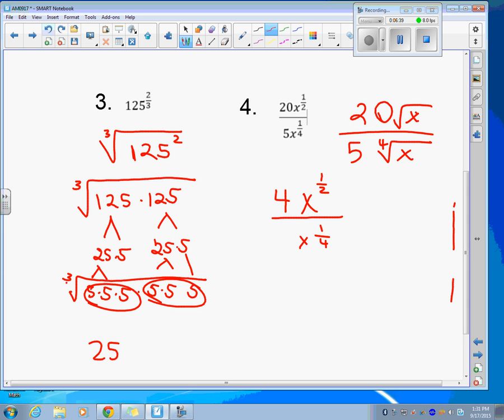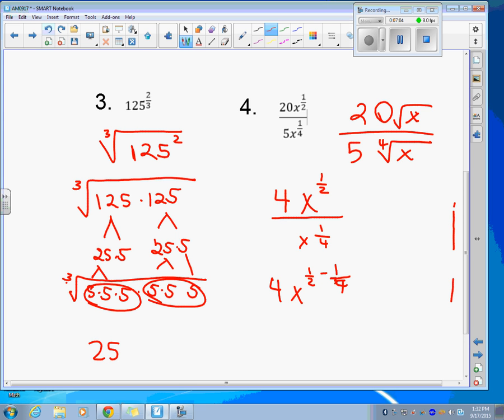So this really means 4x to the 1/2 minus 1/4. It's the same laws of exponents that we were using in the other section. Now they're just fractions. When you divide the same base, that means subtract the exponents. The only difference is now we have to find a common denominator.